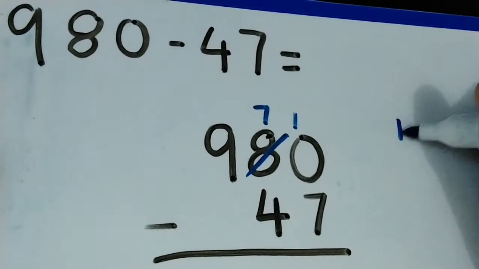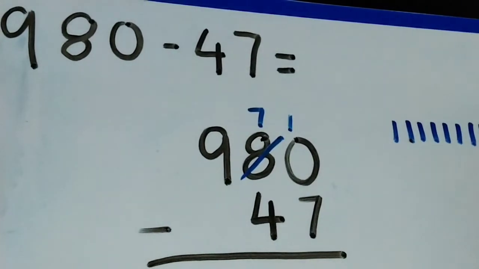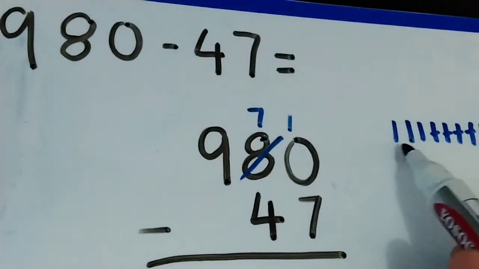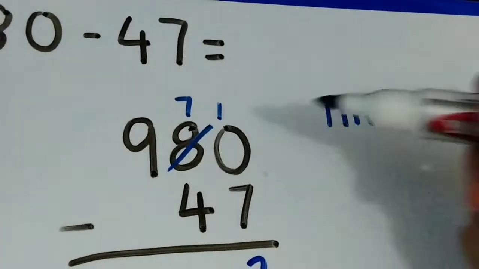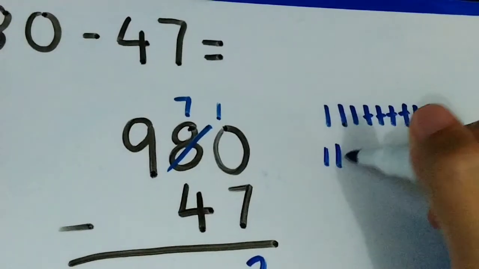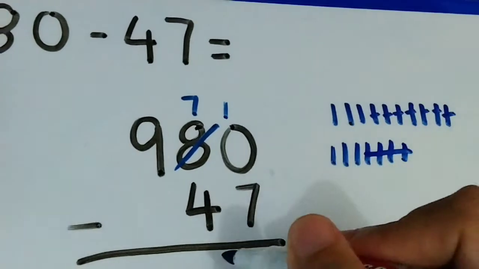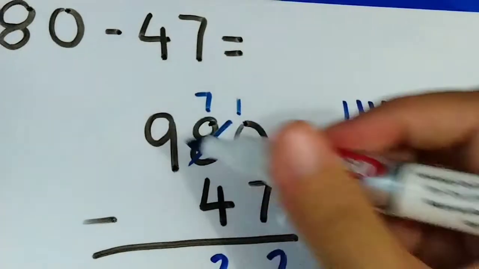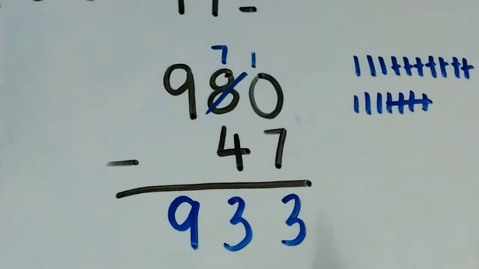So 10 minus 7, okay, you may count it like this, or you just do like usual. 10 minus 7 is equal to 3, and then 7 minus 4 is equal to, what's the answer? Yes, 3. And then 9 minus 0 is equal to 9. So the final answer is 933.